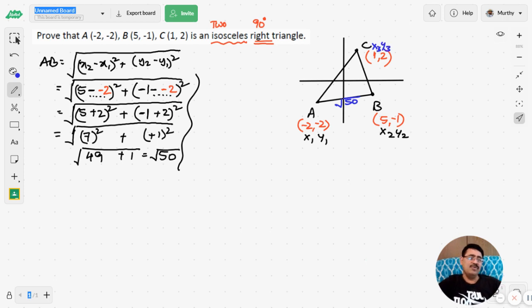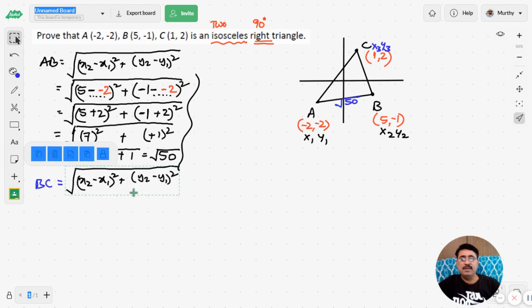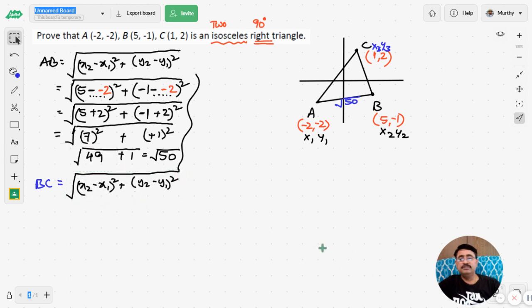You can take x1, y1, whatever way you want. Let me figure out the value of BC. Don't forget, every time you are expected to write the formula. So here, let me paste the distance formula.